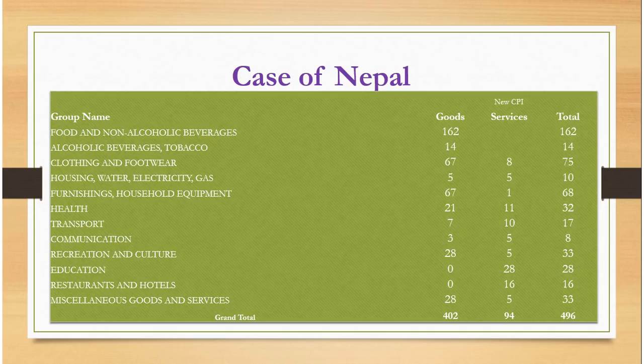Out of 496 goods and services, 402 are goods and 94 are services. And in this slide, you can see the number of goods and services from different groups. There are 162 goods from food and non-alcoholic beverages, 14 goods from alcoholic beverages and tobacco, and so on.